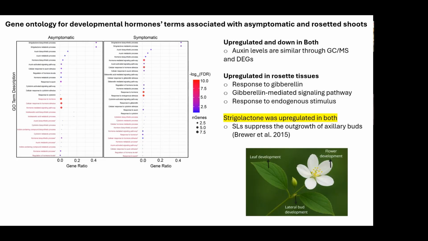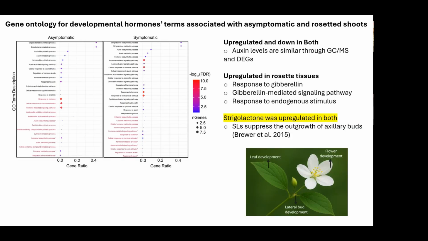So what we mean here is that when we measured the levels of auxin, it was the same in asymptomatic and symptomatic, and the DEGs, as you can see here, are the same. The upregulated GO terms in certain tissues were response to gibberellin, which we have seen is altered by the RLV, and then gibberellin-mediated signaling and response to endogenous stimulus.